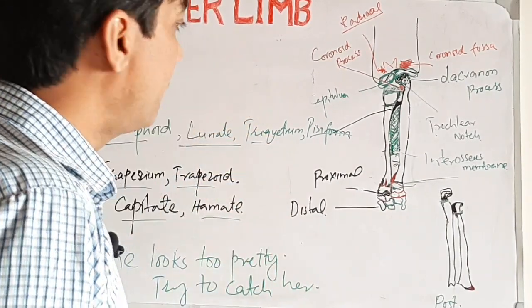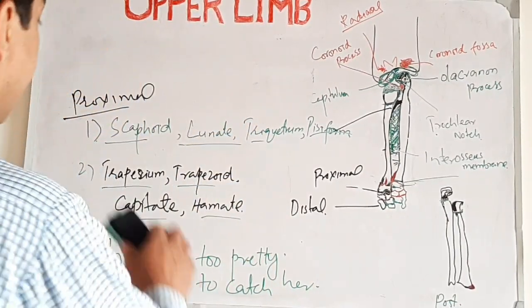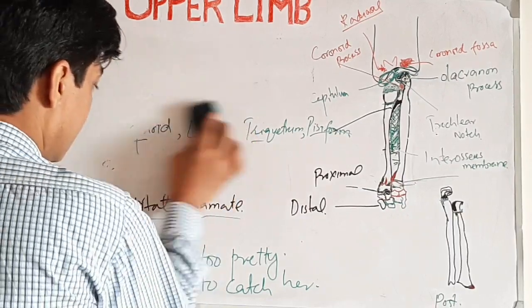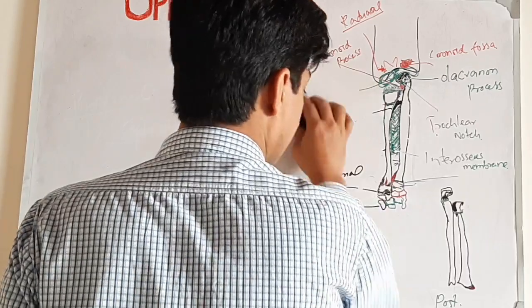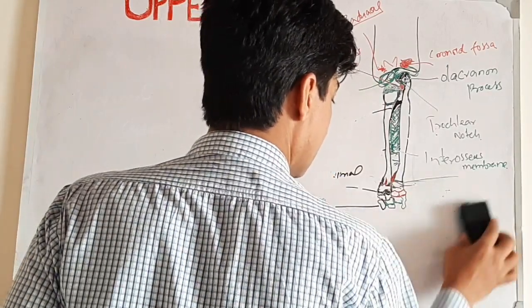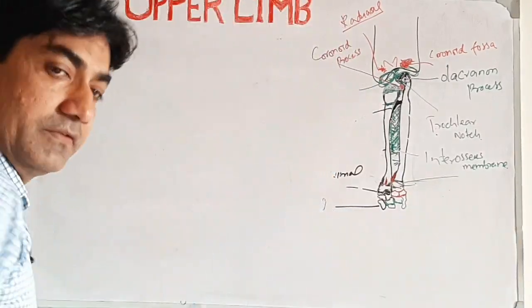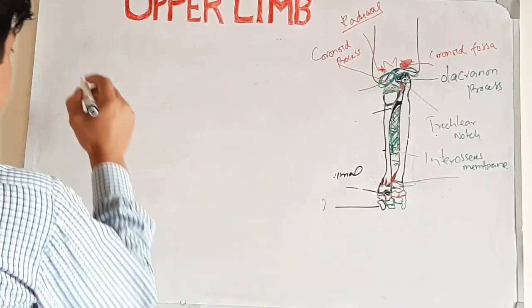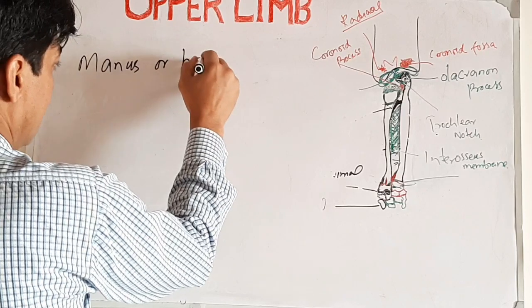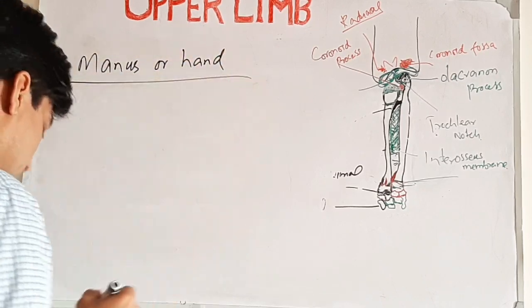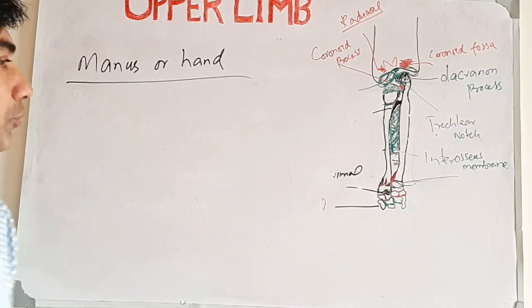The fourth region of the upper limb is the manus or hand, and it is the last region. In the hand, there are two portions.